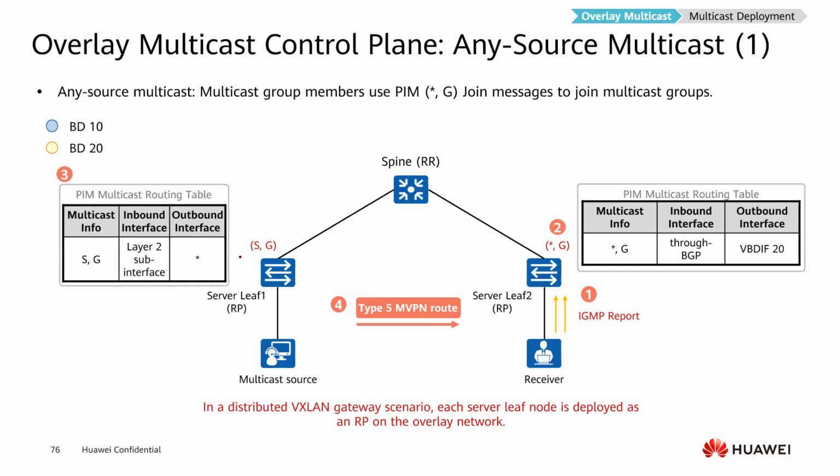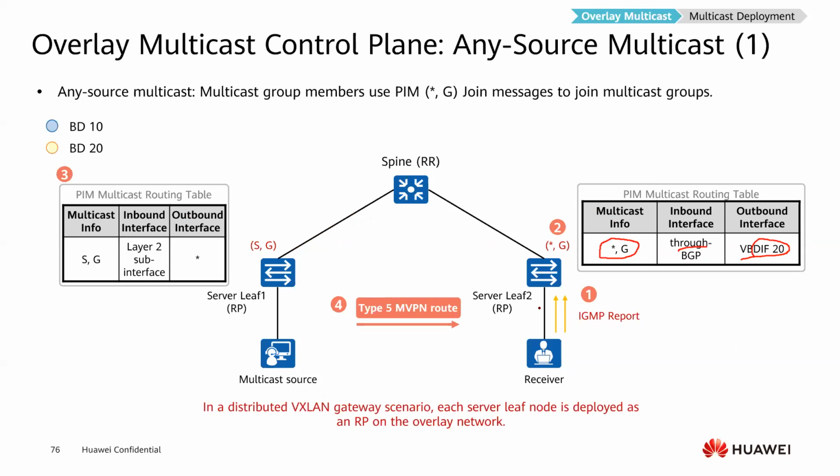And then let's look at the control plane of any-source multicast. The process is: first, the IGMP report will be sent to the server leaf, and the server leaf will generate a table, and this table is about the multicast information. So you will find that it is the any-source multicast information, and the inbound interface is through BGP and the outbound interface is the VBDIF, all right.